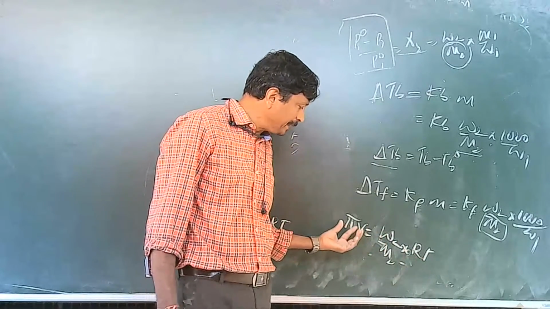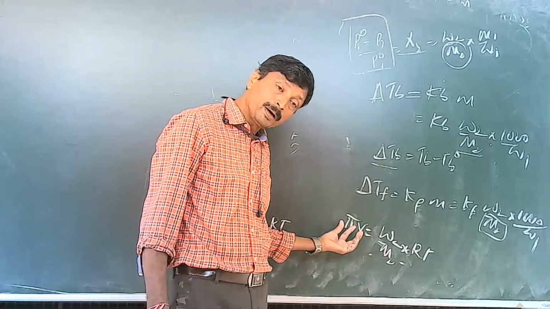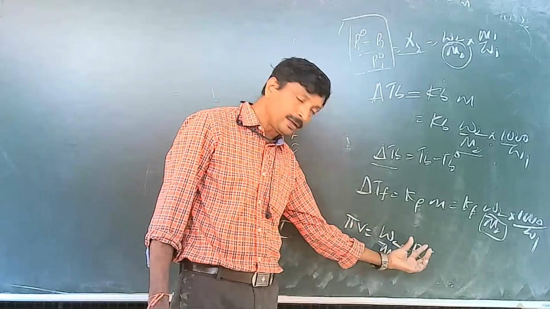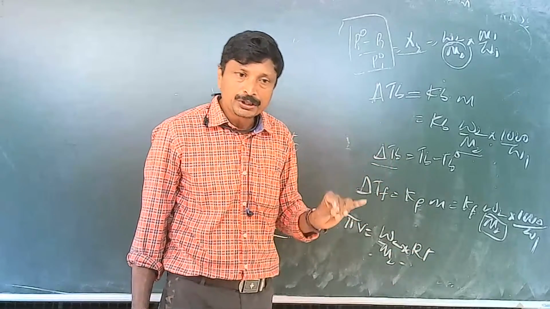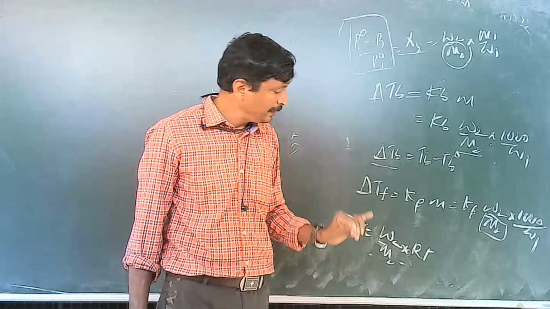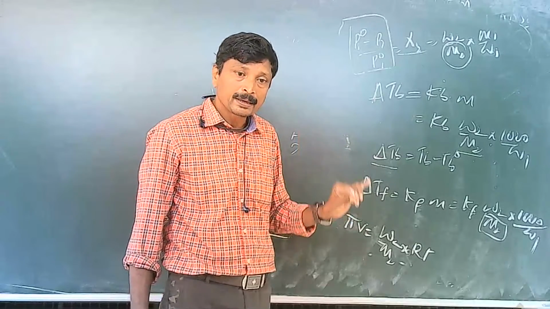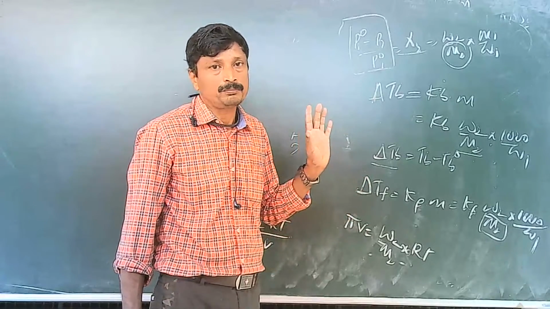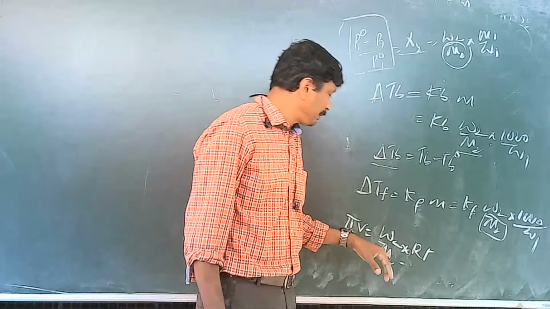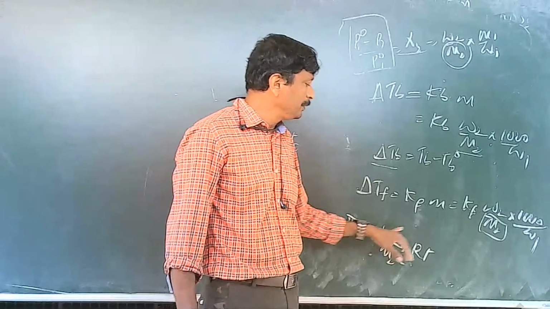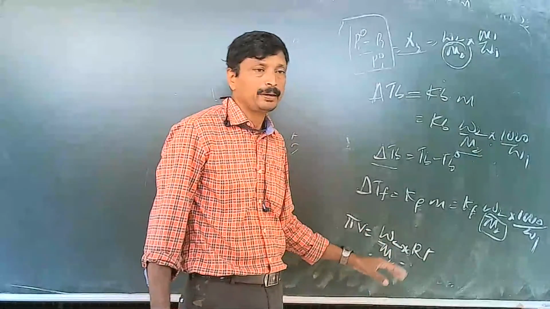R, what is the value of R? If it is in bar and liter, it is 0.083 bar liter per Kelvin per mole. By knowing pi, V, W2, R and T, you can find out M2.